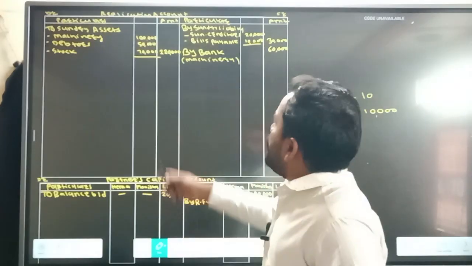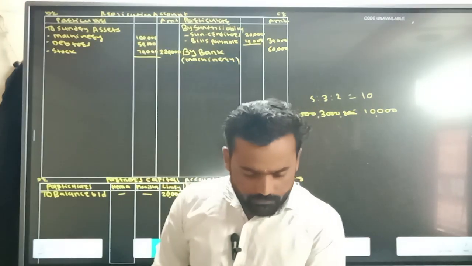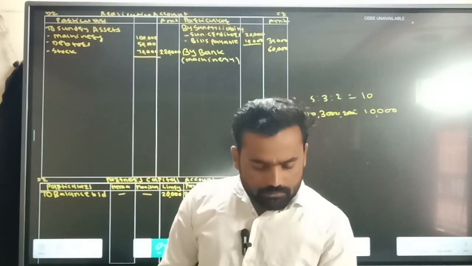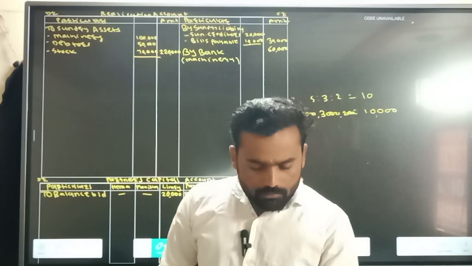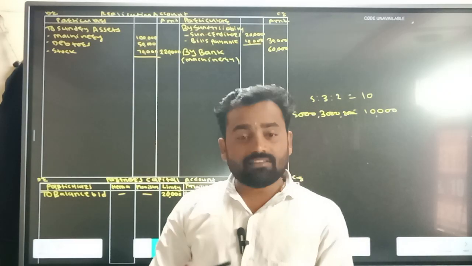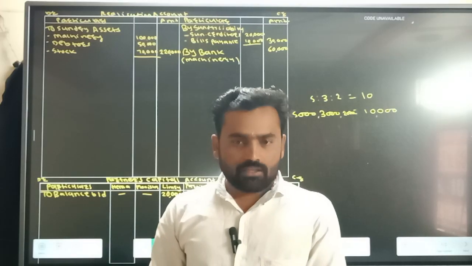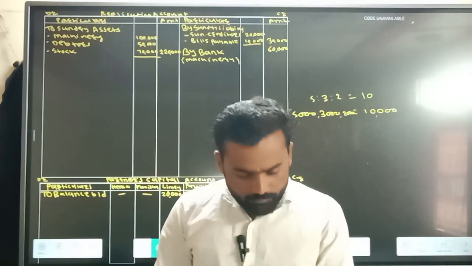You know that you have debtors of 50,000, and in these debtors Jagdish could pay nothing. 20,000 is bad debts, but 30,000 of debtors is good, so 30,000 will be recovered.